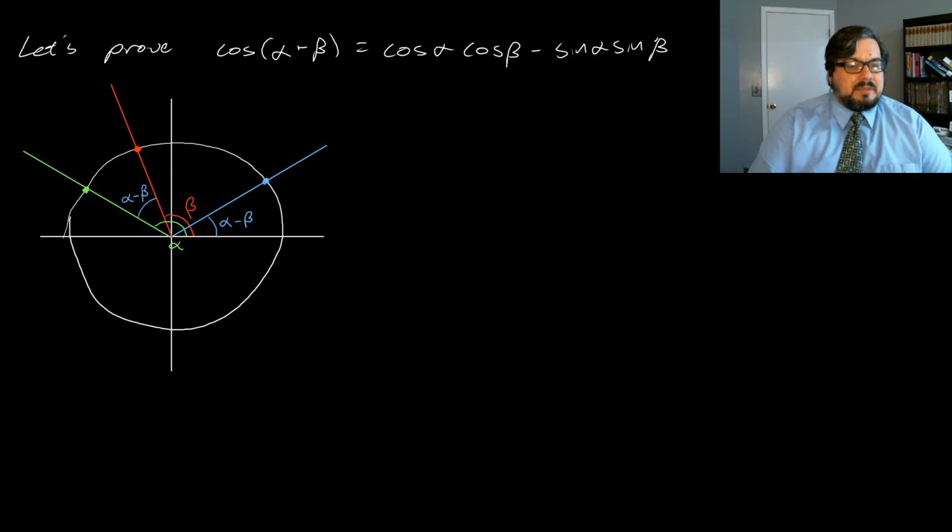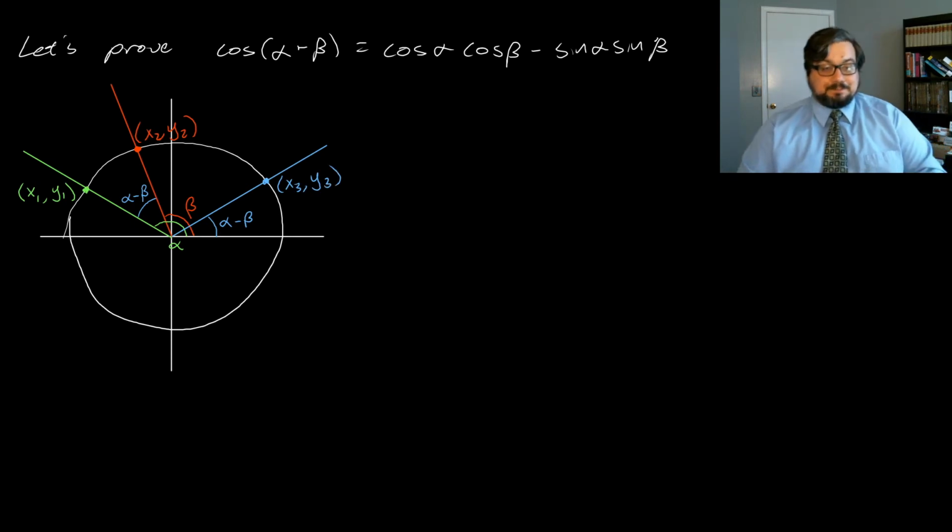So let me label these in the following way. Let me call this point here x1, y1. Let me call the point where the red line intersects x2, y2, and the point where the blue line intersects we'll call x3, y3.